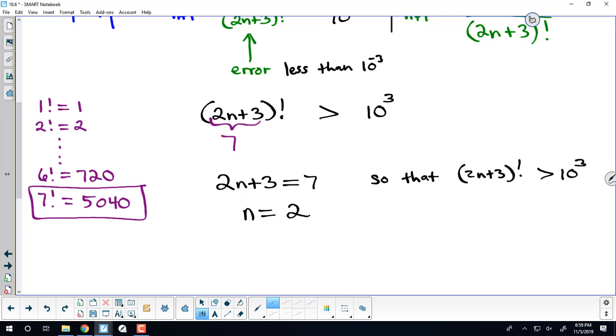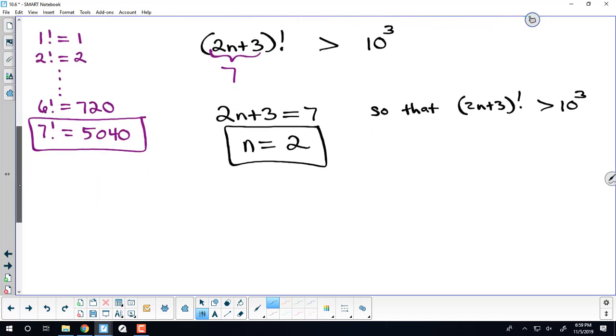So that means we have to add up n equals 2 terms so that the error in this particular series is less than 10 to the negative 3.